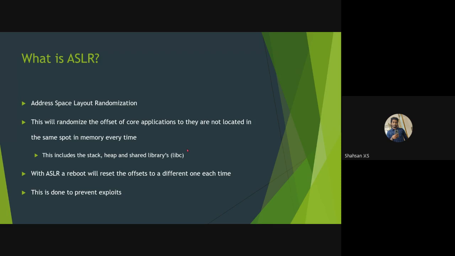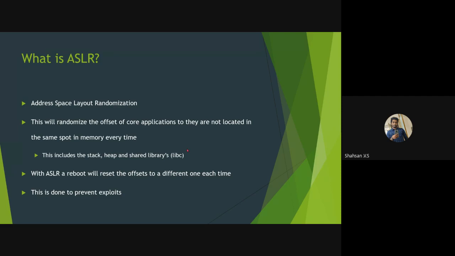If someone knows the address, they can access that area. So what address space layout randomization does is randomize the location so that the hacker won't understand where a particular application or the core application is located.